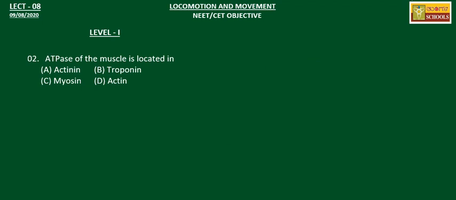The next question: ATPase of muscle is located in. ATPase is an enzyme, right? Coming to the first option, actinin. This actinin is different from actin.